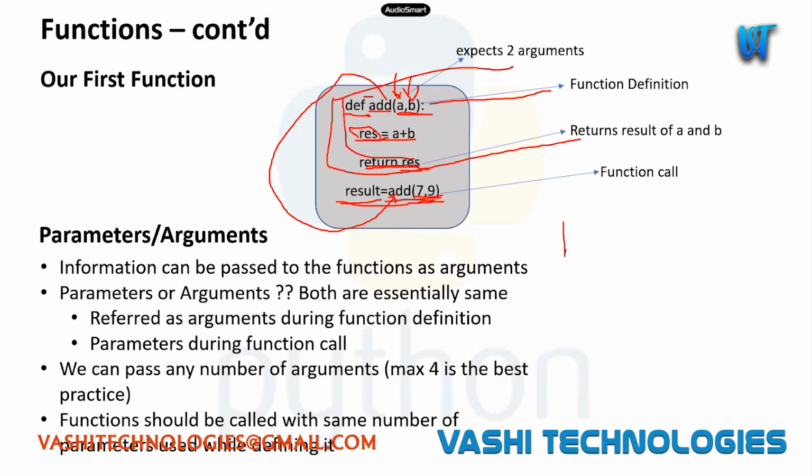So, parameters or arguments are nothing but information which we pass to a function. Let's say we are asking our child to go to the shop and bring some groceries for us. For that, we are giving him some money as well as the list of items which need to be purchased. So in this case, our function is the child.